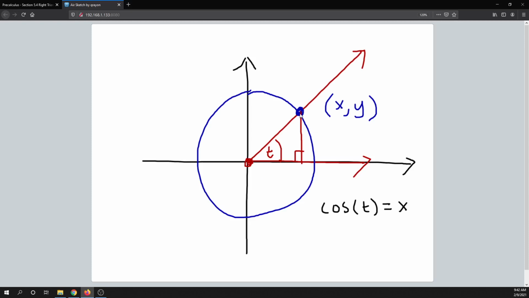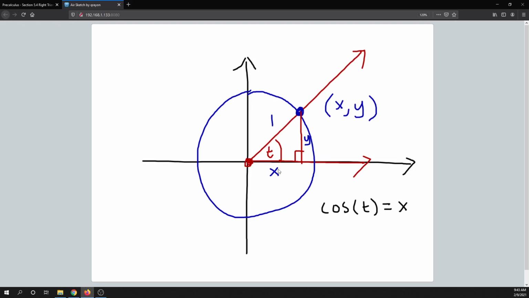But you can see that if I look at this triangle that's formed by dropping this perpendicular down, what ends up happening is that this distance of this side of the triangle is actually x. And this side of the triangle, this side right here, is y. And then the length of the hypotenuse is 1 here.